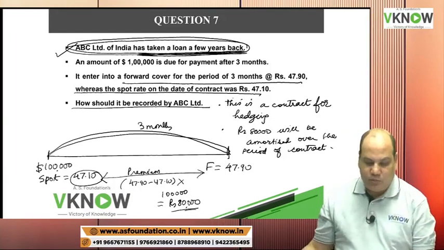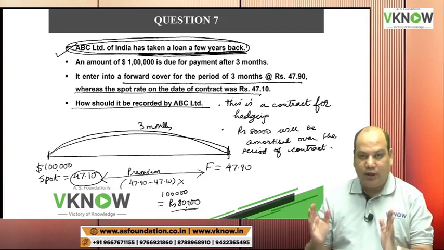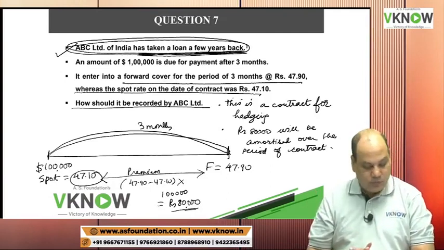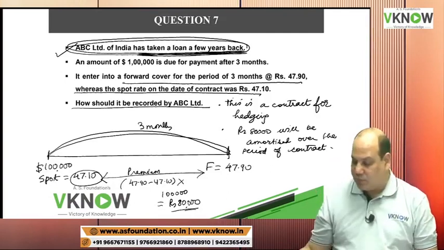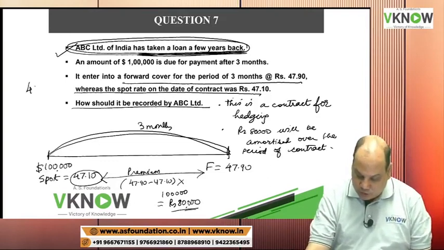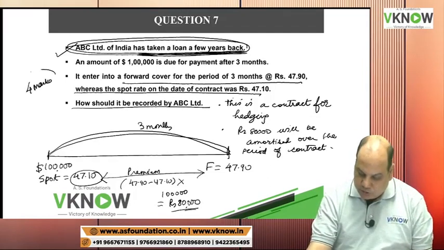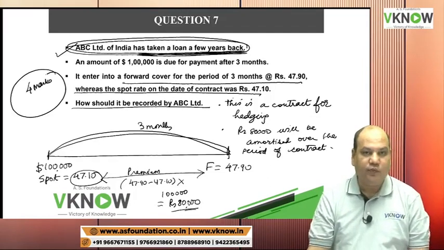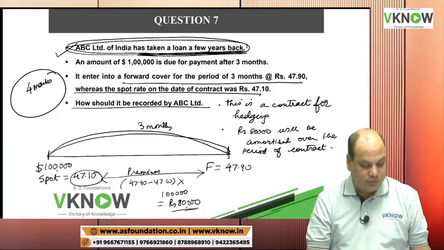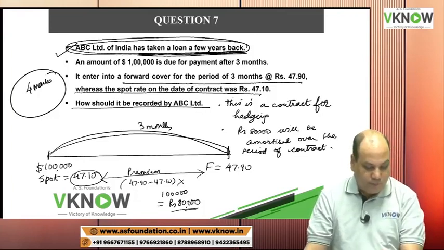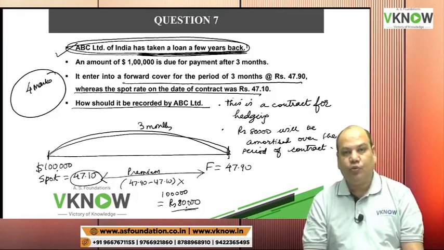Nothing can be done more than this because the dates are not given in the problem. So mark question number 7 important for 4 marks. Question number 2 and 3 important for 8 to 10 marks. Question number 4 was important for 2 to 4 marks.